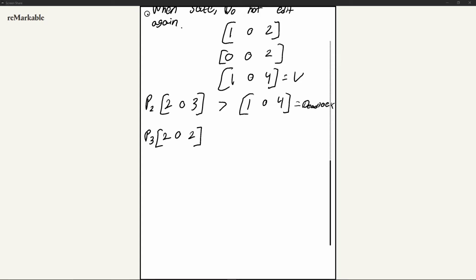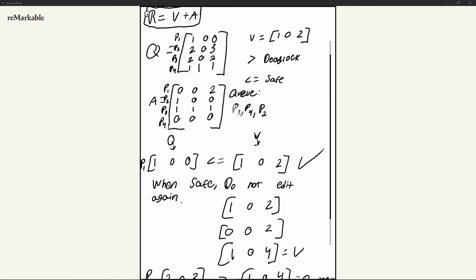Compared to our V here, which is 104 and was edited, we can see that 2 is greater than 1. Therefore, this process is also deadlocked. And now we can move it to the end of our queue.